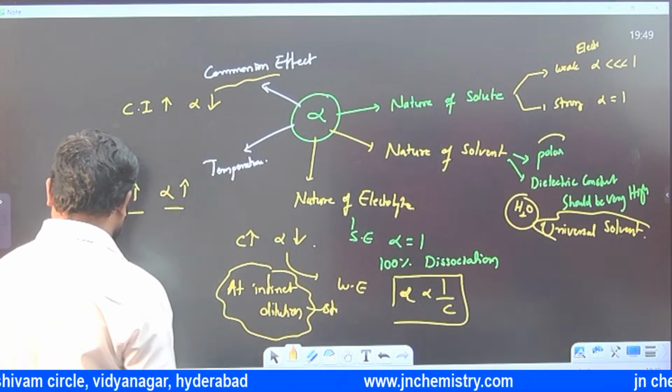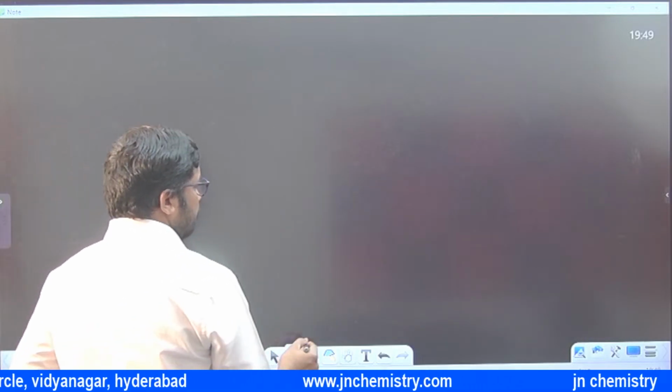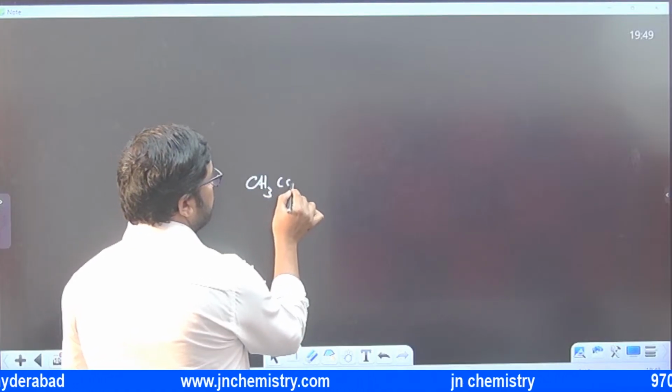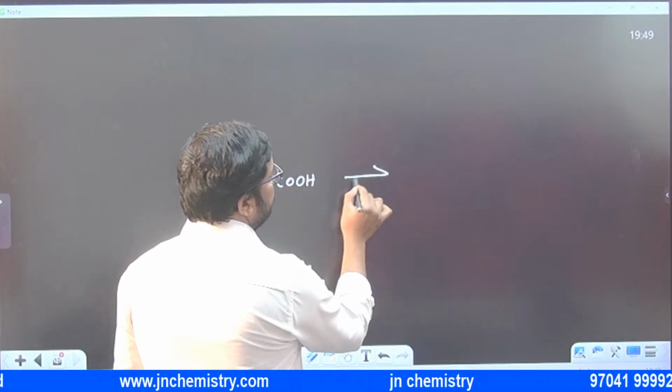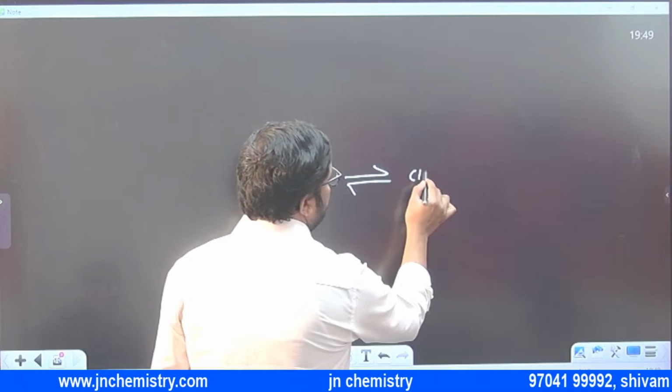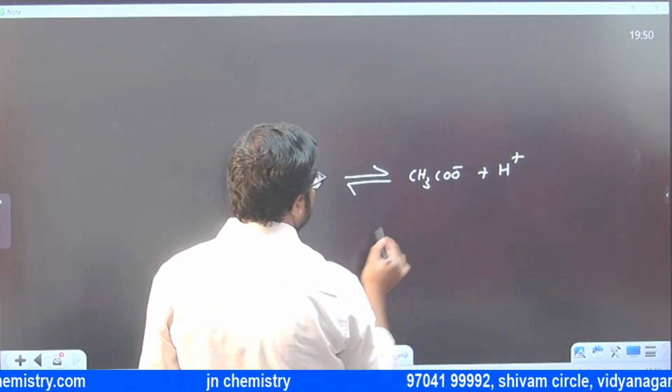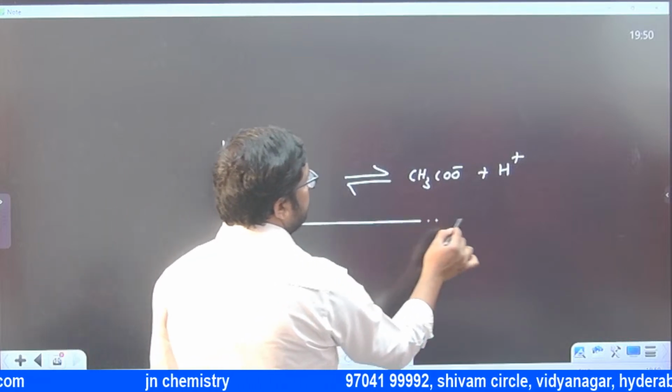How? For example, CH3COOH, CH3COO minus and H plus are present in a container.